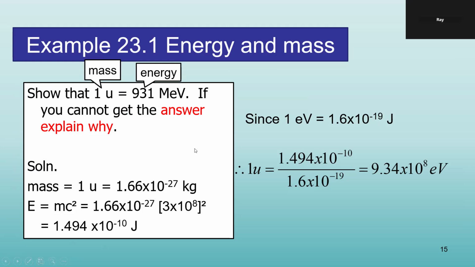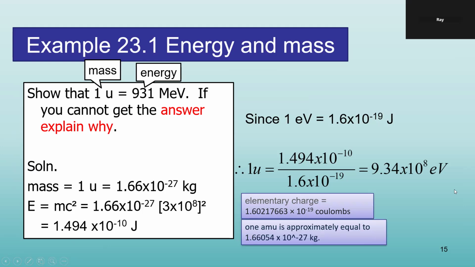Basically, we use approximation. The elementary charge is 1.6, but it should be slightly higher. Then the atomic mass unit, instead of that, is slightly higher also. This value will be higher a bit.